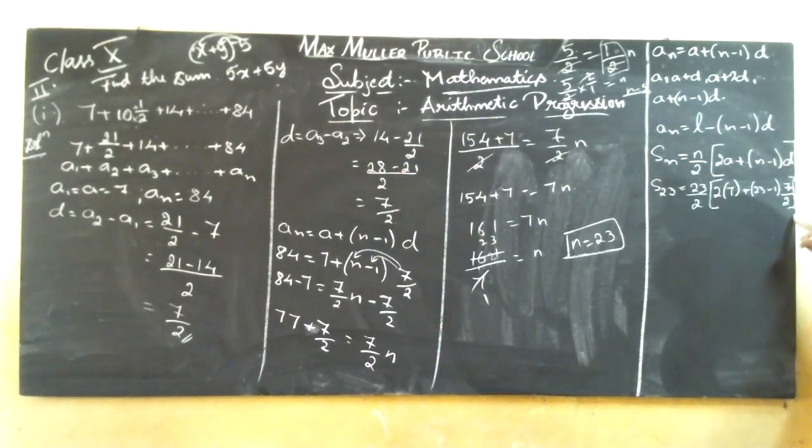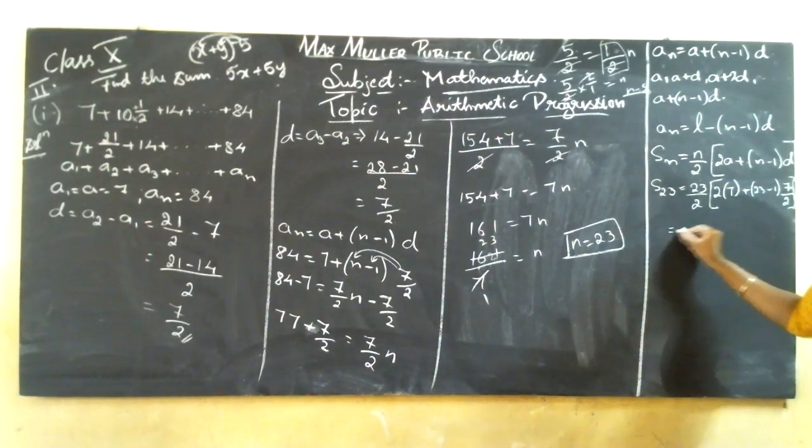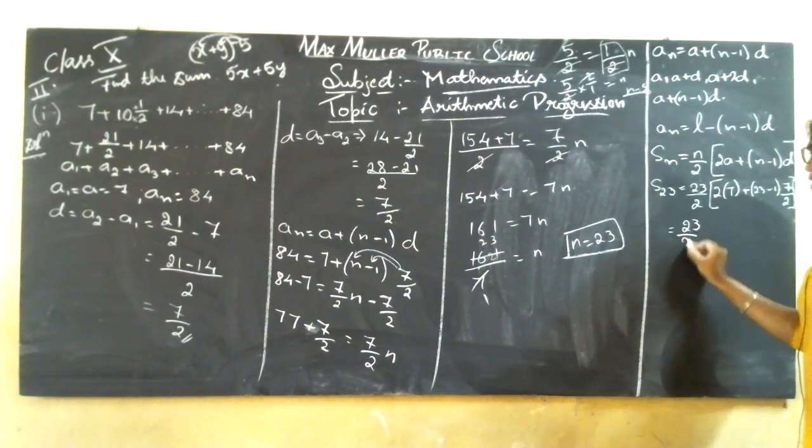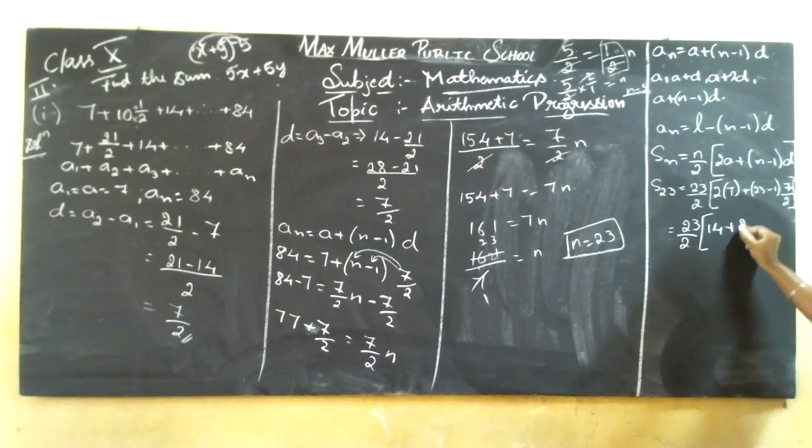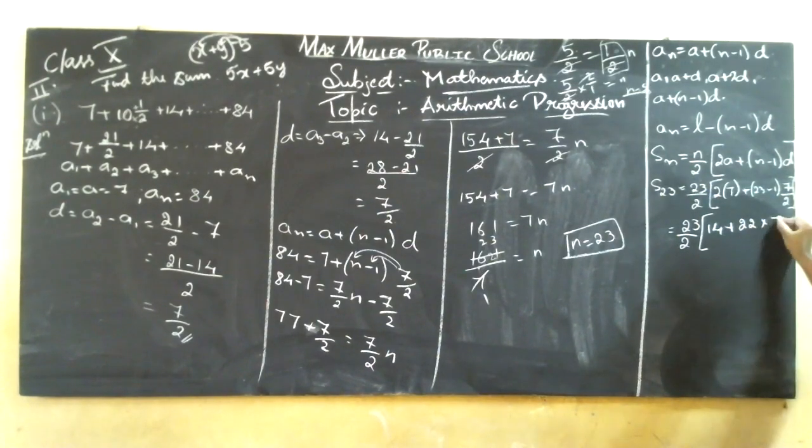d value 7 by 2, n value 23, a value 7 and n value is 23. Which is equal to 23 divided by 2 into 2 sevens are 14 plus 23 minus 1 is 22 into 7 by 2. I have opened the bracket. So if I open the bracket, I am going to put the multiplication sign. 2 1s are 2, 11s are.